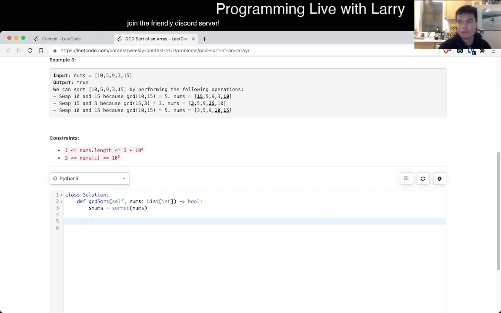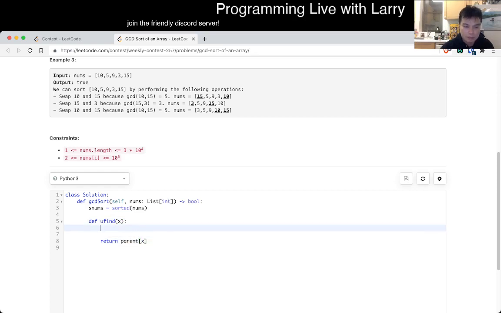Okay, union find. How do I do union find? Okay, ufind of x is equal to return parent of x, and then here, if parent of x is not equal to x, parent of x is equal to find parent of x.